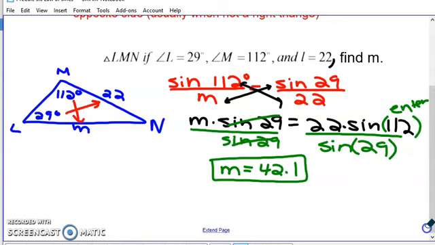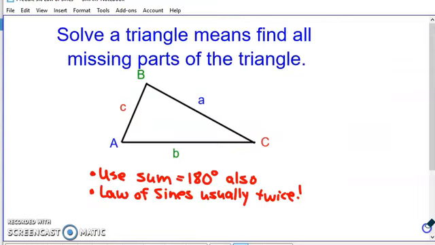We're going to do one where we're solving the triangle. So we're finding the whole triangle. What it means to find the whole triangle is all angles, all sides. You usually use law of sines twice for this, and the sum equals 180.